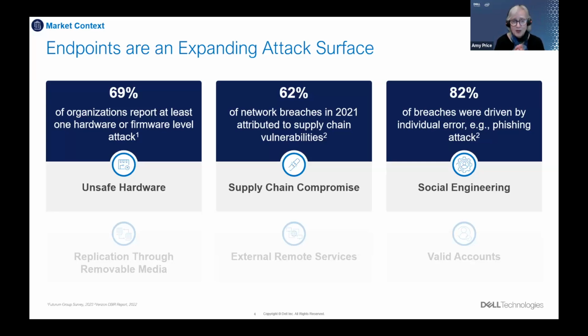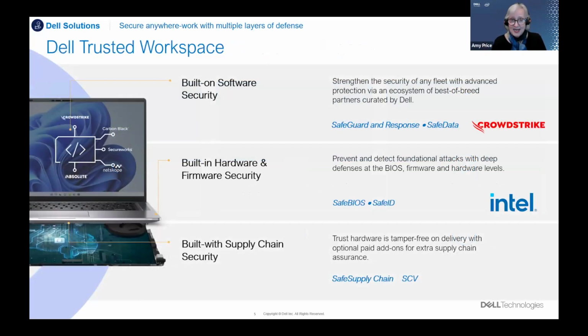For supply chain compromise, you have to rely on a device that was designed and built in a safe and secure environment. The third part, social engineering, covers breaches driven by phishing attacks and individual error. We have software that helps prevent that, but our focus today is really going to be on the hardware.